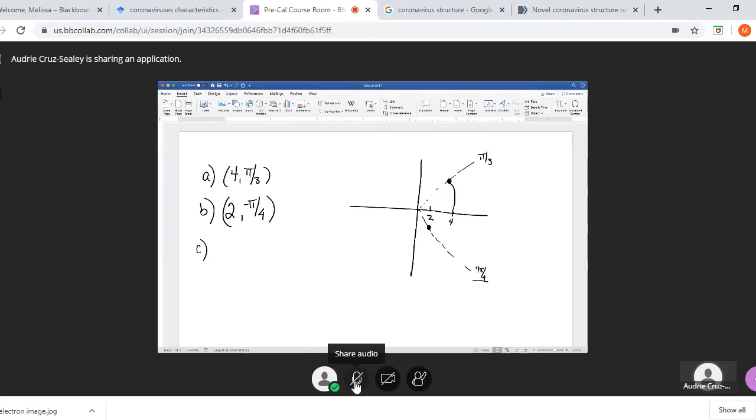I'm plotting these points. The next one is negative 3, pi over 6. So I'm going to go to 3. Here's 3. I'm going to go to pi over 6. Here's pi over 6. But then once you get there, what do you have to do? Travel 180. You have to travel 180 degrees.